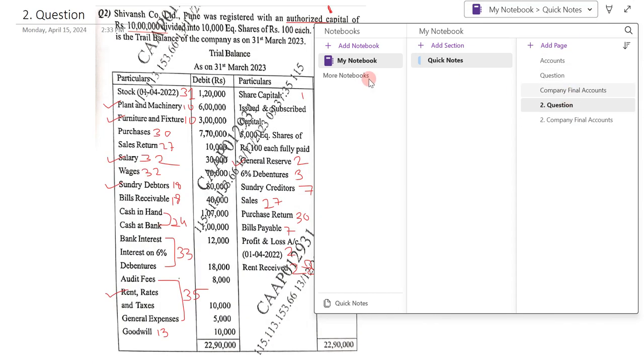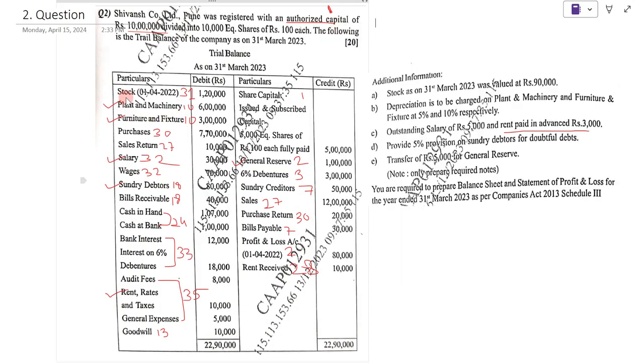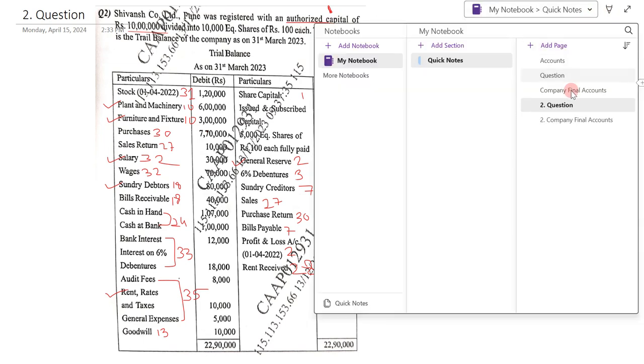After writing the authorized capital, first is stock. How much is the stock? The note number is 31. Stock value is 1,20,000. From this stock we have to less the closing stock. The closing stock is 90,000.